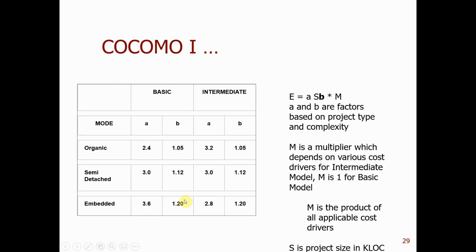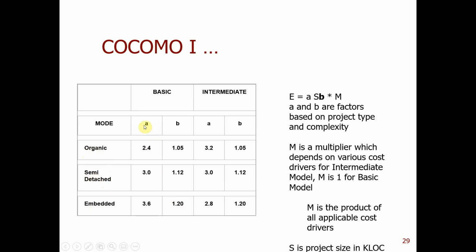Here is the table for choosing different A and B. For the basic model and the intermediate model, A and B are different, and then we have different modes: organic for a simple project, embedded for a very complicated one, where A and B take different values, and semi-detached something in between.